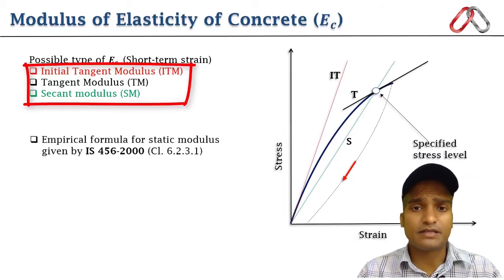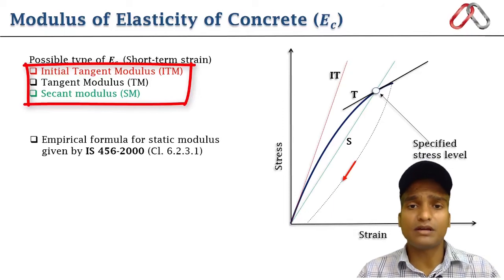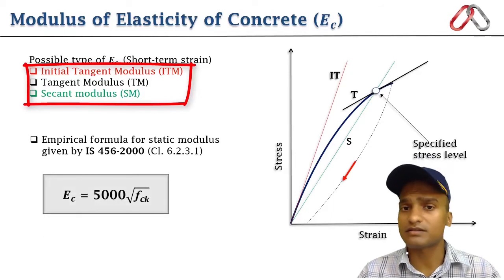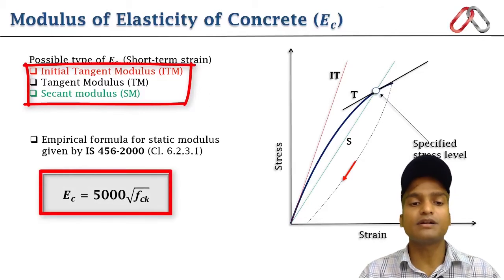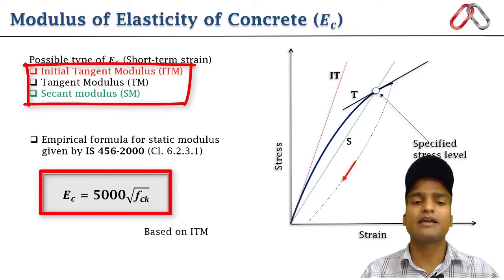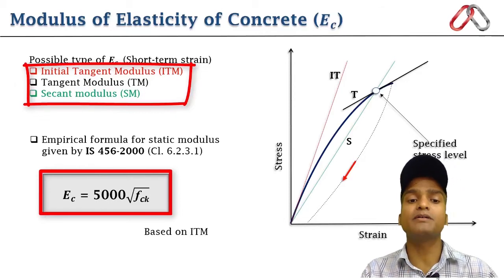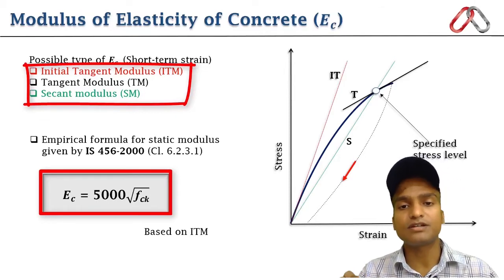The IS 456 provides us the empirical formula for short term modulus of elasticity, and it says capital EC is equal to 5000 into root under FCK, and this value is derived based on initial tangent modulus.